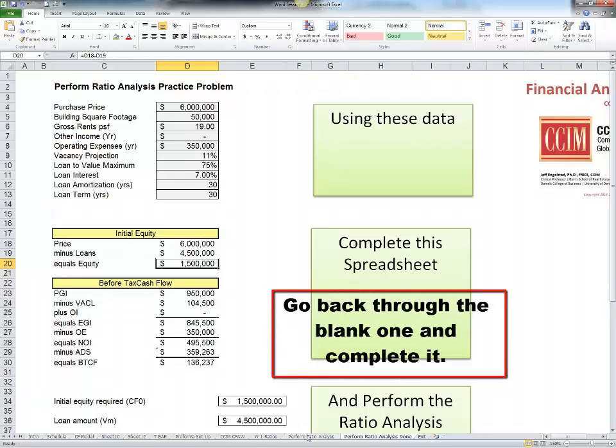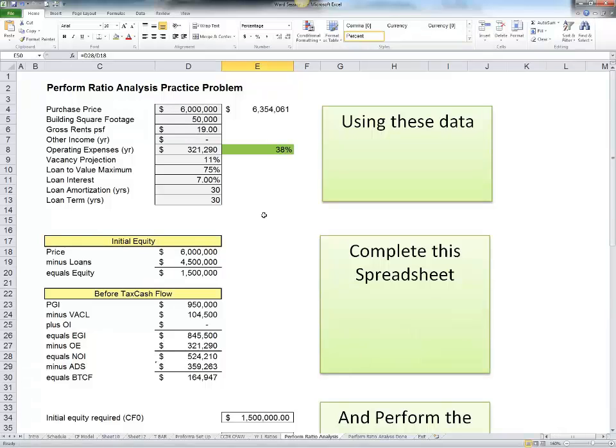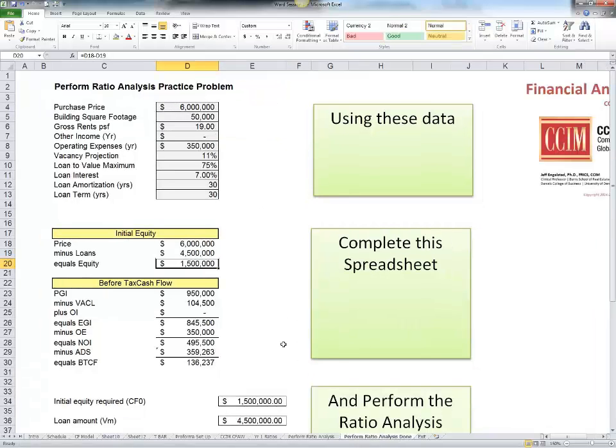Go back through the blank one and complete it, and do that as many times as you need to where you don't have to go to the completed one and reverse engineer. It might take you an hour, it might take you 2 hours to get that task completed, but then you will absolutely know how to do this, and you'll know how to calculate, how to engineer all of those calculations.